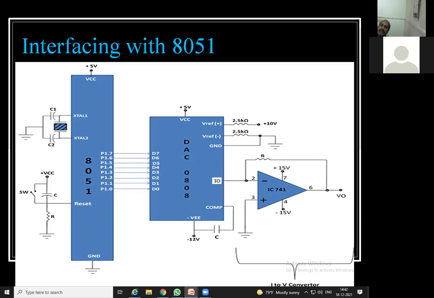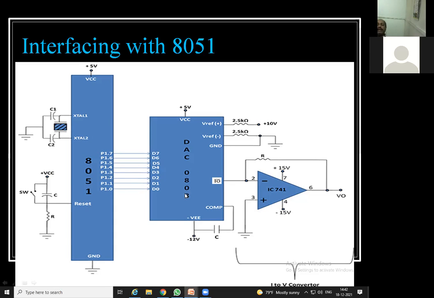So that's why this IC 741 op-amp is going to be used to convert I into V, and that is what is shown in this diagram. The output is taken and connected to the inverting terminal of this particular IC 741, and at the output you will get VO, that is the output voltage.